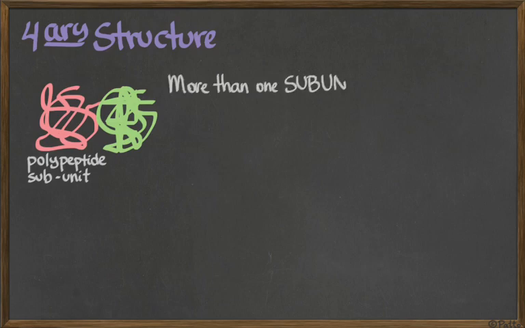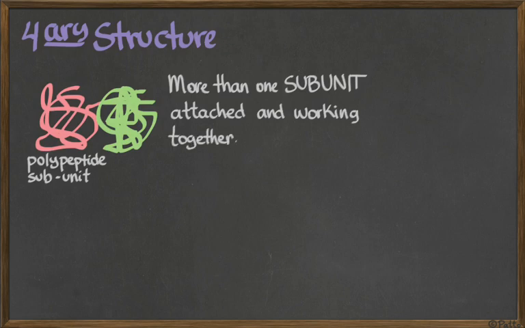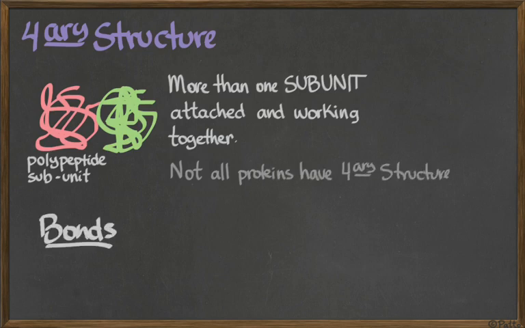The idea of quaternary structure is when you have more than one subunit attached and working together, making a function. Who is responsible for that? It's going to be the radicals as well, okay? The same bonds that make the tertiary structure can also make the quaternary structure. They may bond the subunits together.